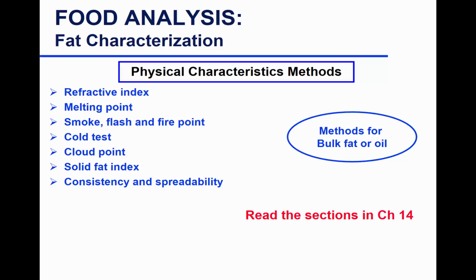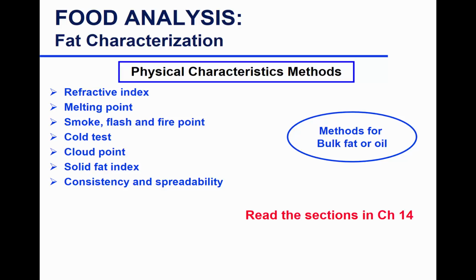Okay, so I will go over a little bit of physical characteristics methods. They are explained more elaborately in your textbook. It would be nice to read for your information. But a refractive index, for example, is a measure of the refraction or diffraction of light when the light hits the surface of, let's say, oil, and then it will refract, basically change angle.